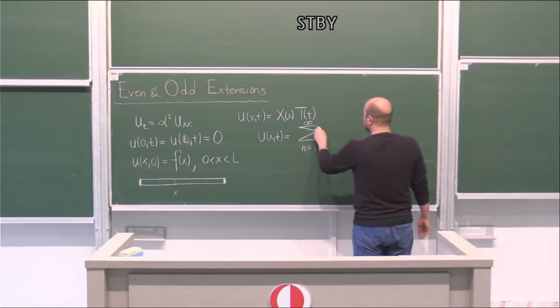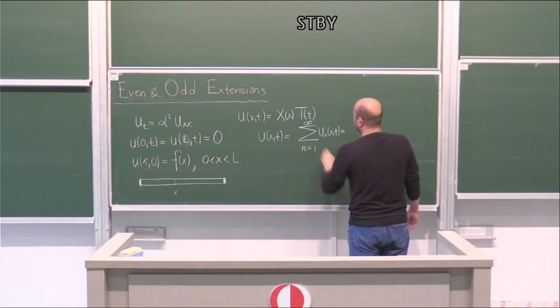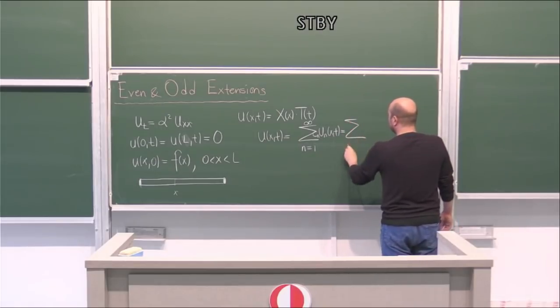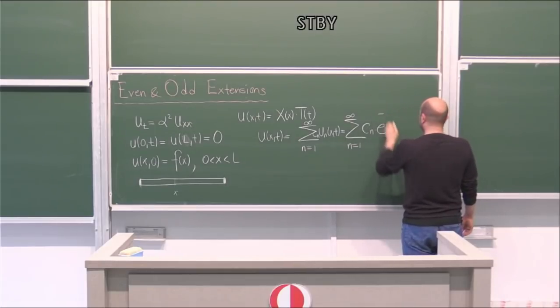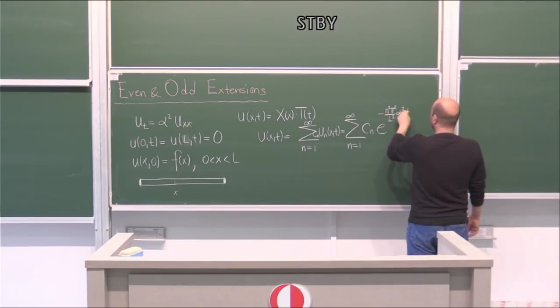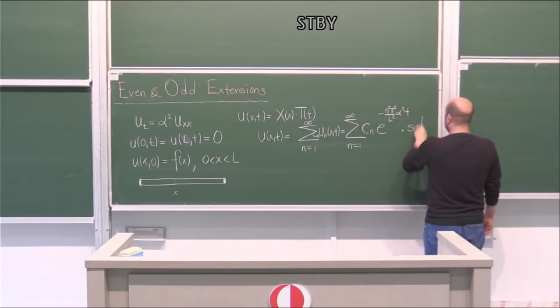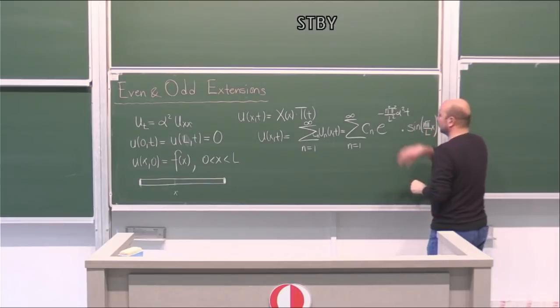We had u_n(x,t) times c_n, which were basically c_n e to the minus n squared pi squared over L squared alpha squared t times sine(n pi x over L). So this was the solution.